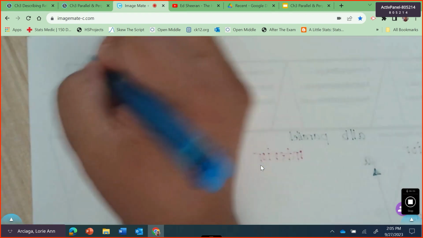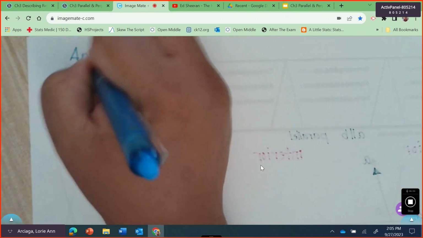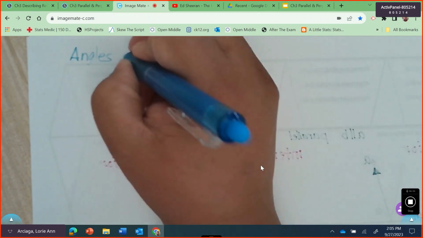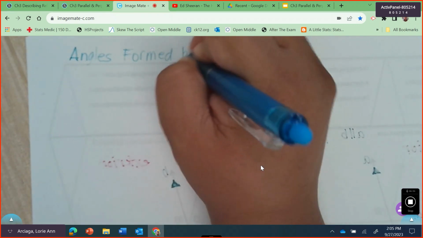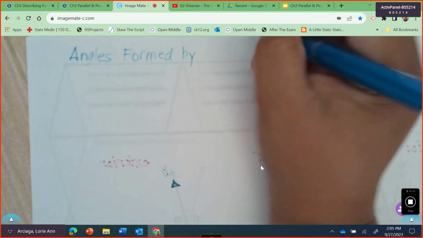So on the back, it's called angles formed by transversal.